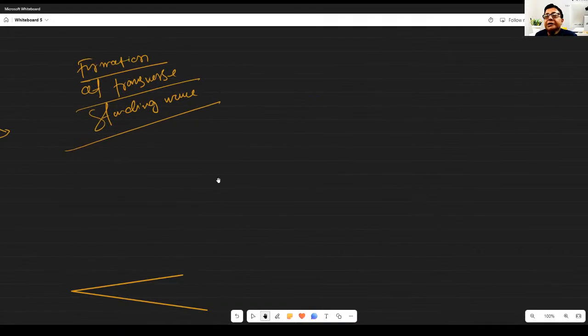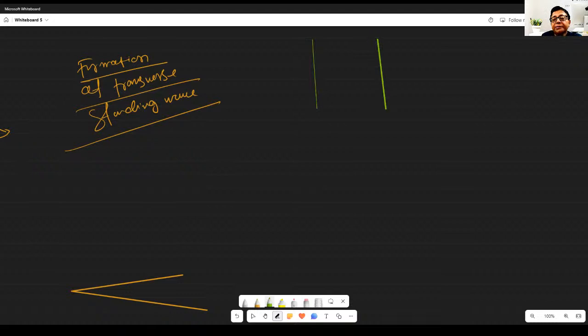Transverse standing wave, where it is formed. Rigid walls are there and a uniform rod is tied between two opposite walls.